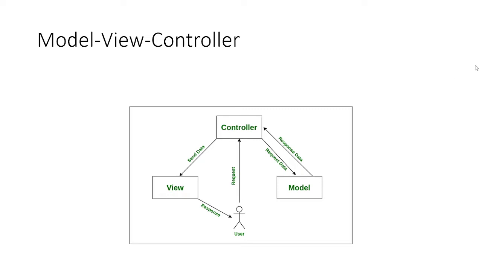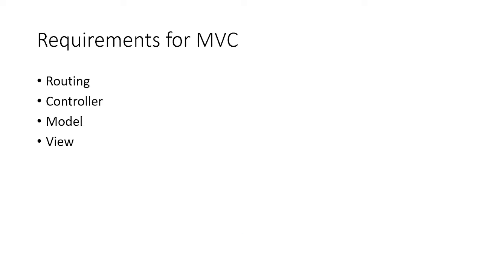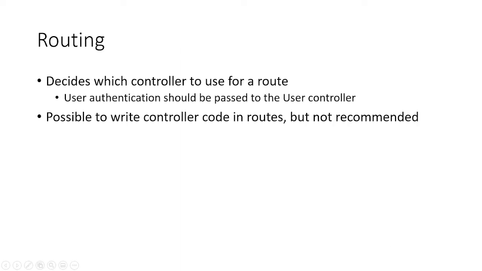All right, so next. There are four basic things to set up MVC. The first one is routing, and then the next ones are the controller, model, and the view. Routing decides which controller to use for a route.